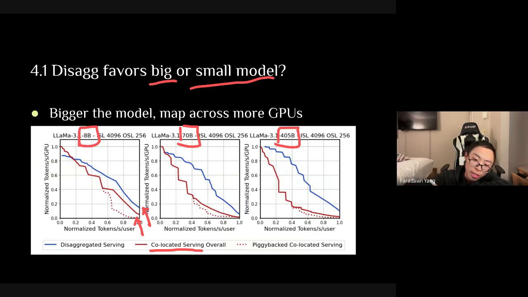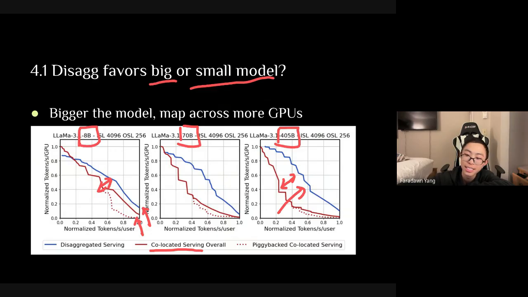For the 8B model, the improvement of the blue line over the red line isn't very drastic, whereas on the 400 billion model, the blue line is vastly higher than the red line. It successfully expanded the Pareto frontier. Therefore, the bigger the model, the more significant improvement that disaggregated serving can bring. Why?